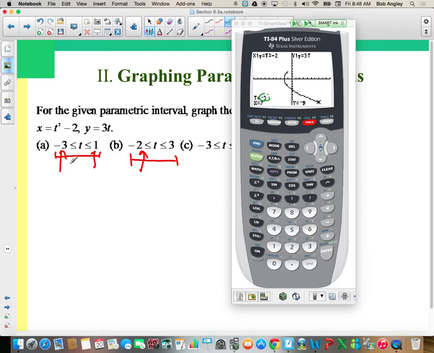Now, if you do this as a homework problem and you've got to show me what the graph looks like, if it has an interval with a beginning point and an end point, then you need to get the coordinates here, the 7, -9 of this one. So we'd go over 7 down to -9 here.